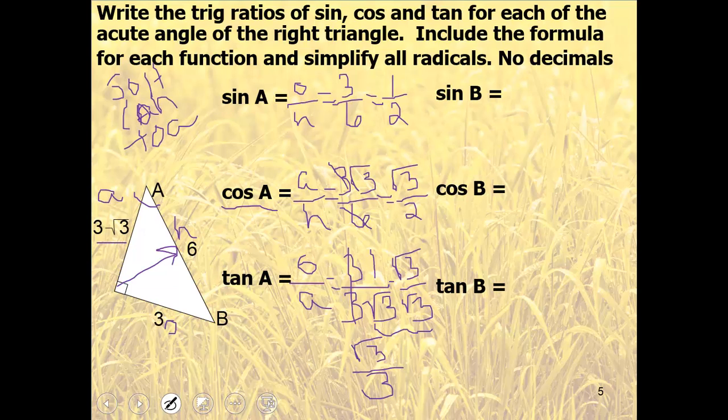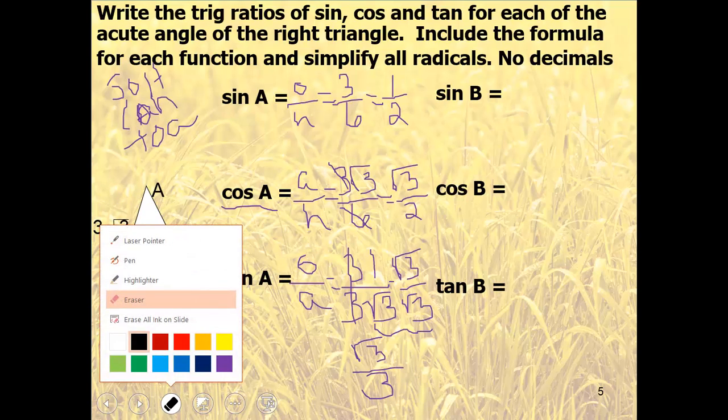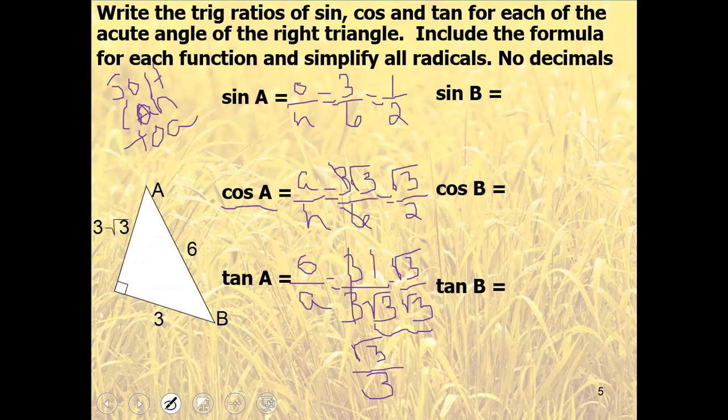The sine of B, now I'm going to erase. Okay, and relabel. The sine of B will be, this is the hypotenuse, this is the side opposite, and this is the side adjacent. So the sine of B is opposite over hypotenuse. Sometimes my H's look like N's, my bad.